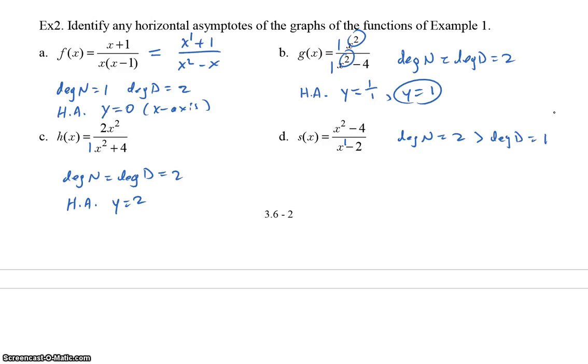Remember that this is the function whose graph looks like a line with a hole in it. So let me show you that, and then we'll move on from there. Well, before I do that, I should at least say that the graph has no horizontal asymptote. Okay, so let me show you the graph now.